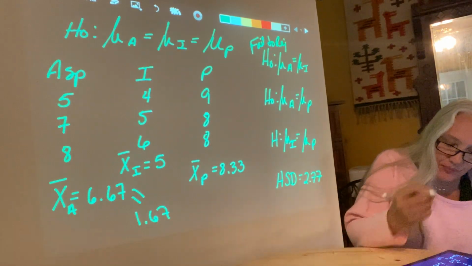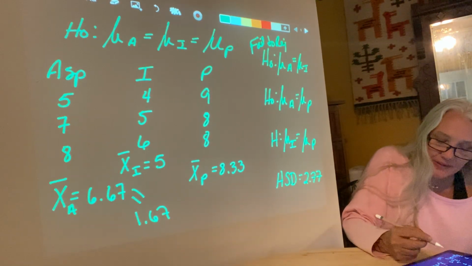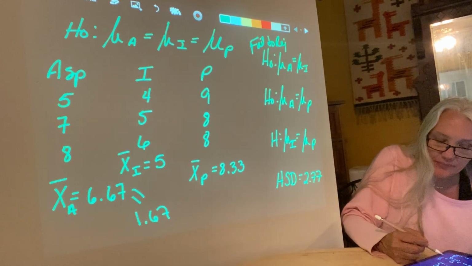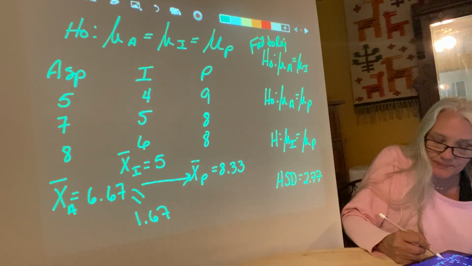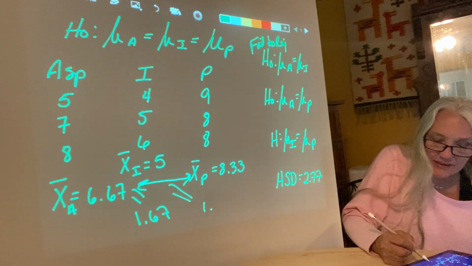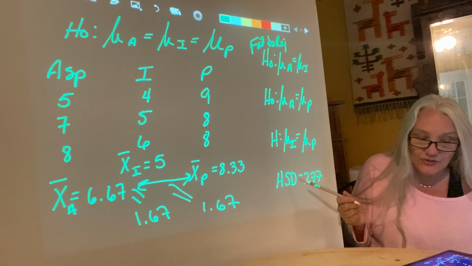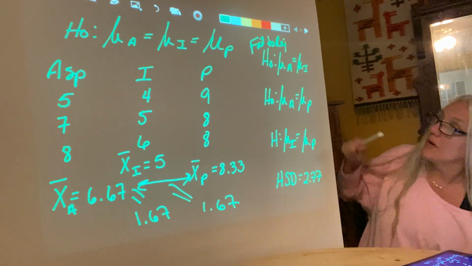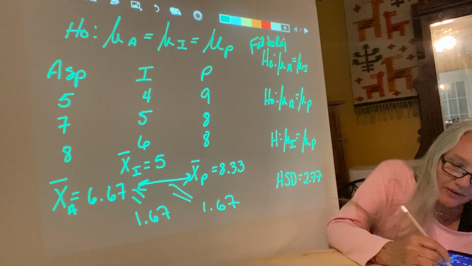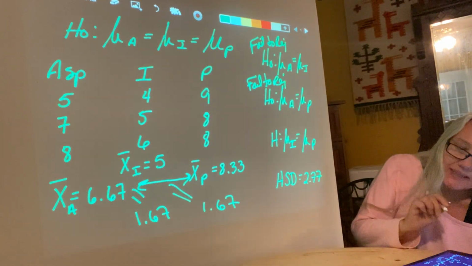I get another 1.66 over here. So between these two, 6.67 and 8.33, I get 1.67, and that's not enough to reject the null. So there's no significant difference between aspirin and the placebo. Bummer. Failed to reject that one as well.